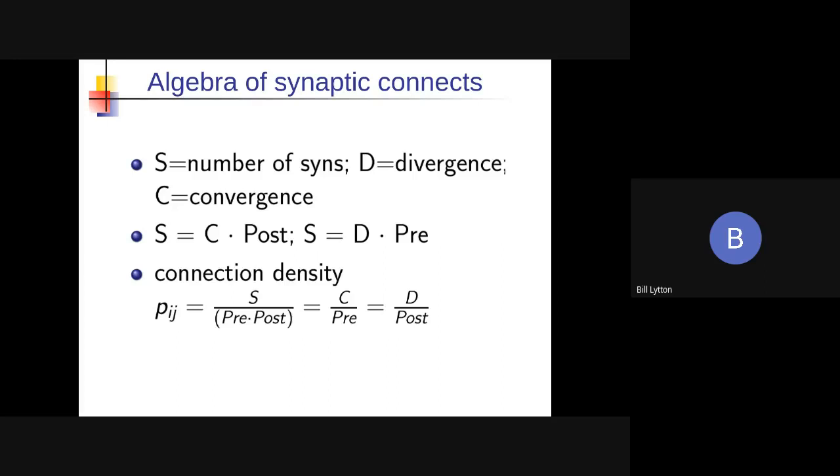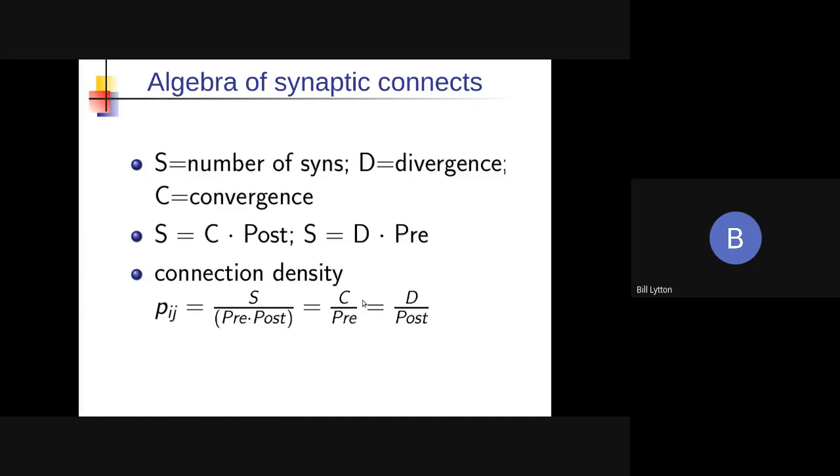And we often see reported in the literature, or we'll report ourselves, a percent, a probability of connection, which is the total number of synapses over the total number of possible synapses, which would assume that every pre is attached to every post. So it would be number of presynaptic cells times the number of postsynaptic cells.